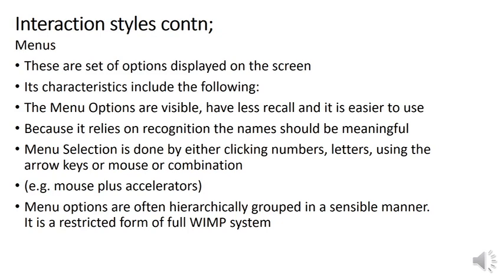Menu selection is done by clicking numbers, letters, using the arrow keys, or mouse, or combinations, e.g. mouse plus accelerators. The menu options are often hierarchically grouped in a sensible manner. It is a restricted form of full window interface monitor system.